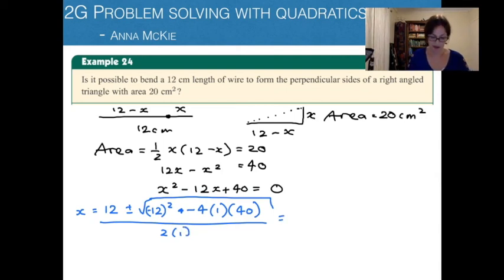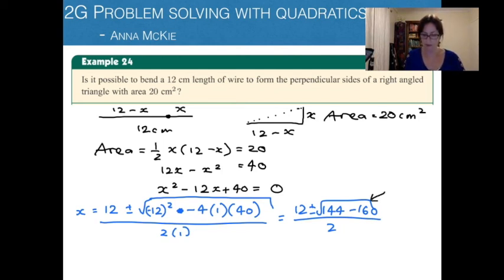Now if you work that out, the component under the square root sign comes out to be 144 subtract 160. So what type of number is that going to give us? That's going to give us negative. So this part here, we would say the discriminant is equal to negative 16.